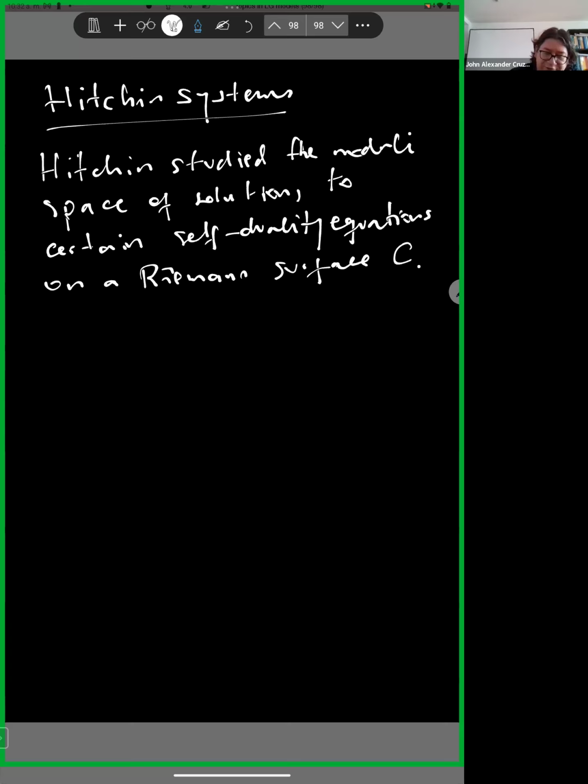Okay, so let's denote this moduli space by M_Higgs.